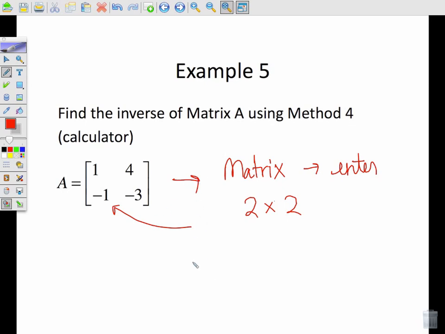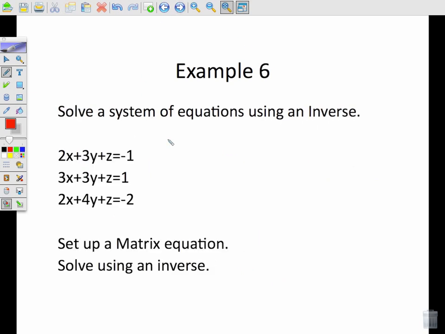You're going to enter all 4 elements, all rows and columns, under matrix A. Once you have your matrix entered and you've quit out of that, you just need to do matrix inverse equals, and it will give you the matrix -3, -4, 1, and 1. When you go to matrix, you're going to have to go to edit, and then it'll allow you to select matrix A, and then you can enter all the parts. But inverse is just to the -1 power.